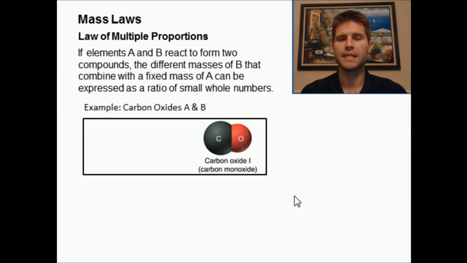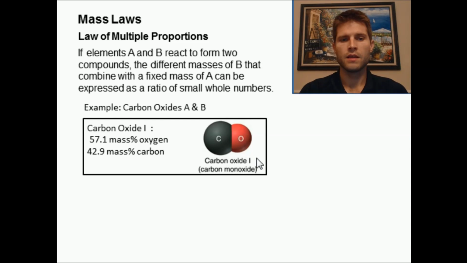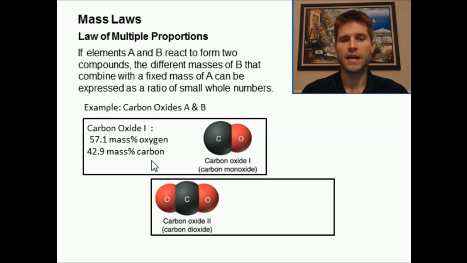If we have carbon monoxide, we're going to learn how to write the formula from the name in a few weeks, but just take my word for it. Carbon monoxide is 1 carbon and 1 oxygen. This has a mass breakdown of 57.1 mass percent oxygen and 42.9 mass percent carbon. Now carbon dioxide, on the other hand, has 1 carbon and 2 oxygens.